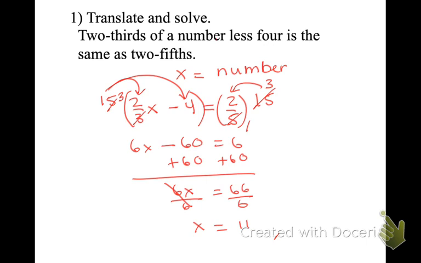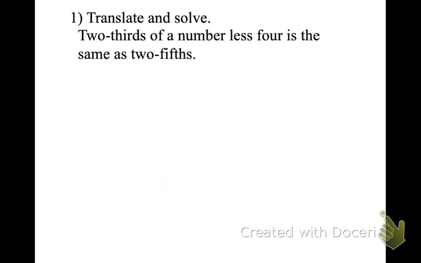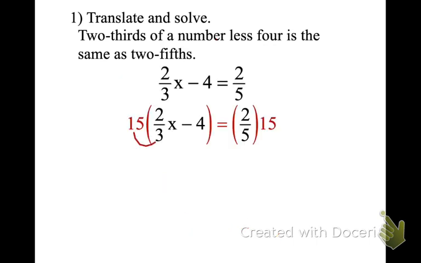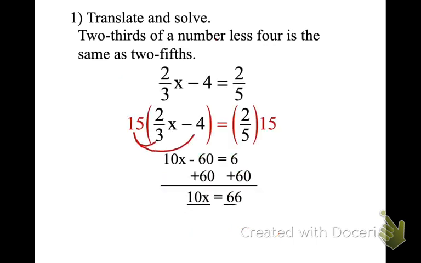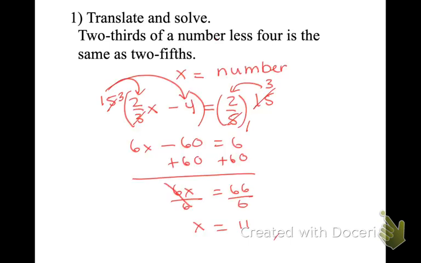x equals 11. Let's see if I did it right. 2/3 of a number less 4. Oh, where did I get my 11 from? I'm going to go back. 6x, 66.